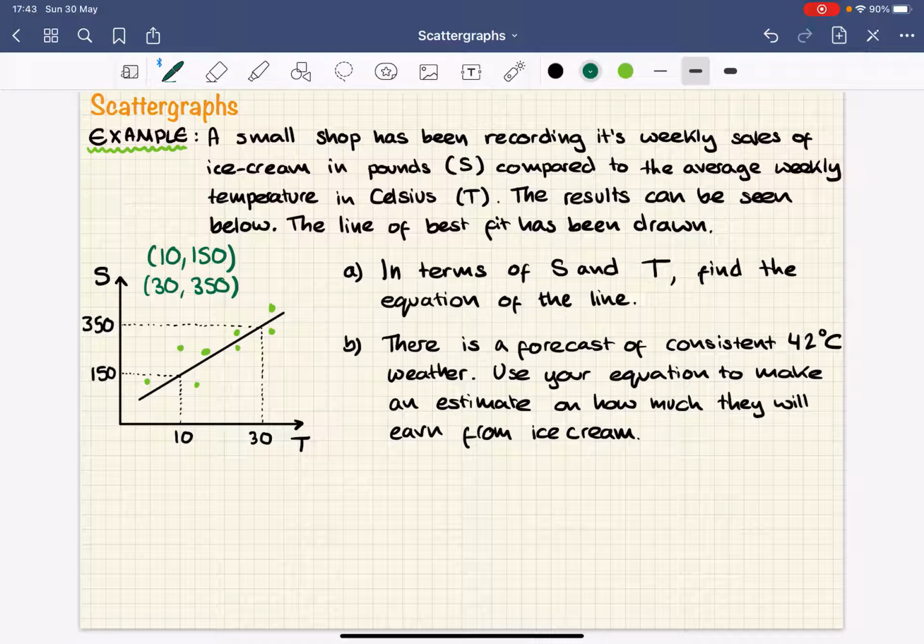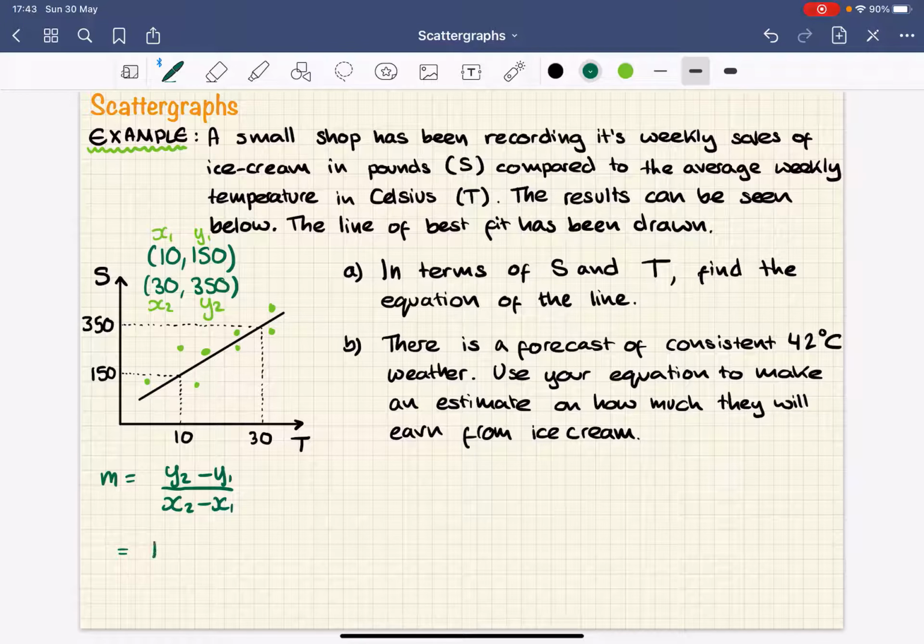Then thinking about my gradient formula, that's m equals y2 minus y1 all over x2 minus x1. So that's my first x coordinate, that's my first y. This here will be my second x coordinate, and this will be my second y coordinate.